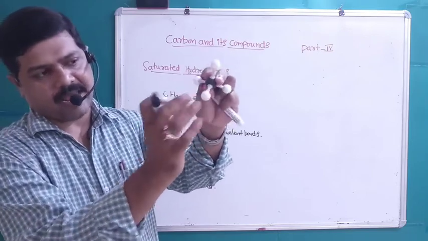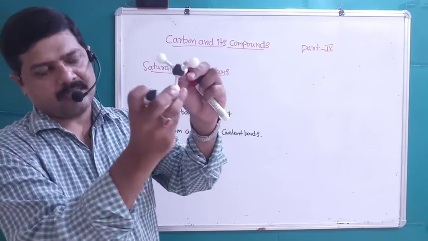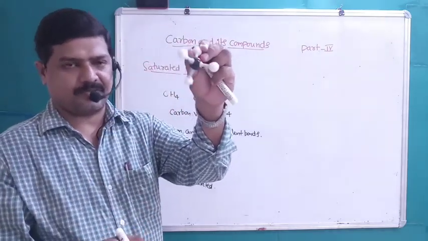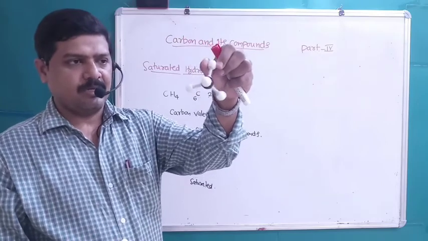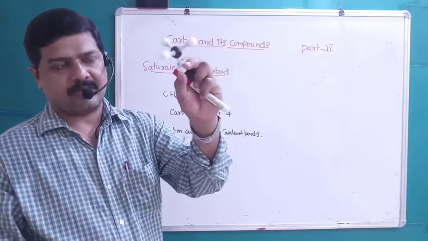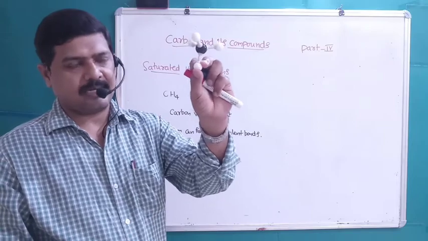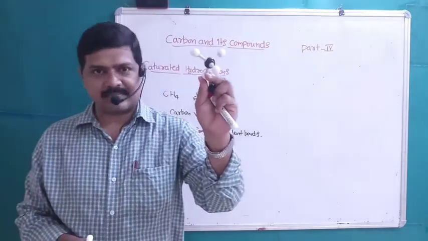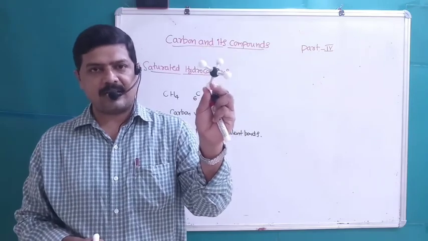This line indicates one bond. This is the 3-dimensional structure of methane, CH4, and the shape of this molecule is called tetrahedral. This is the first member of the alkanes.